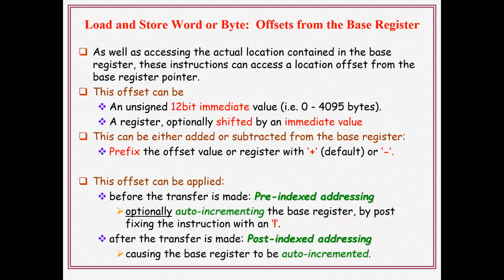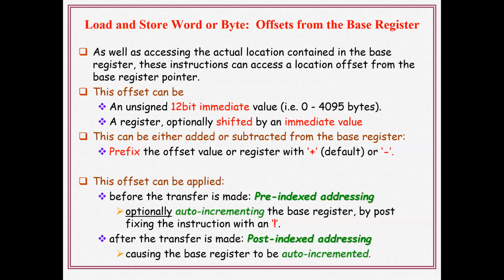These offsets can be an unsigned 12-bit immediate value or a register, optionally shifted by an immediate value. So these are optional. These can be either added or subtracted from the base register.